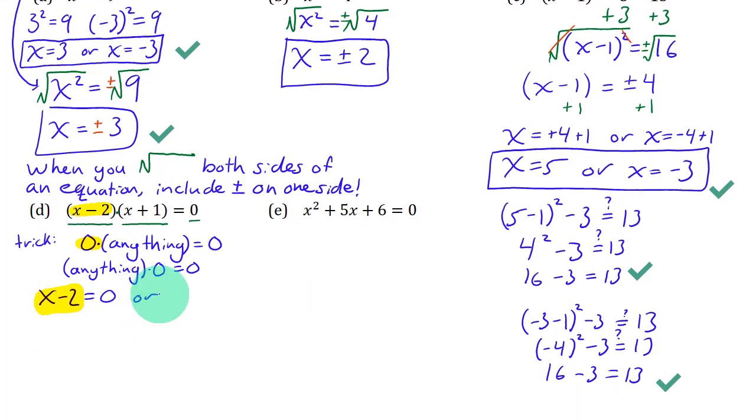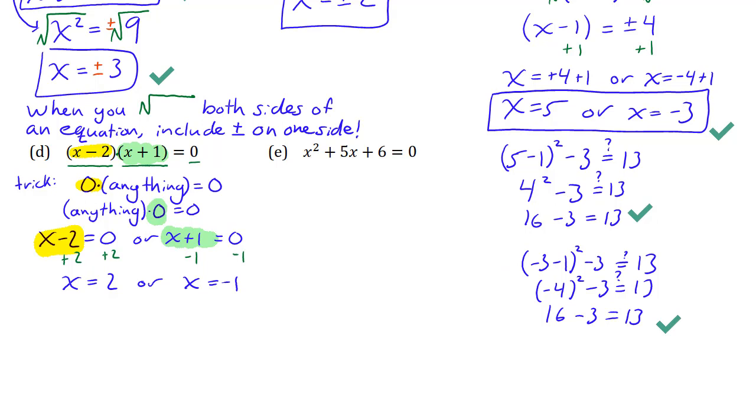Or if you can find a value of x that makes x plus 1 equal to 0, then that will be a solution too. So let's try it. If you add 2 to both sides, you'll get x equals 2. Here, if you subtract 1 from both sides, you'll get x equals negative 1.